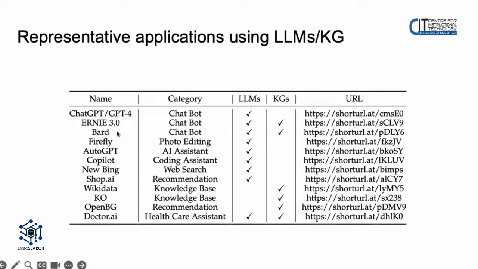And Google Bard is said to actually incorporate Google's knowledge graph. Google has built a large knowledge graph, as we know, used in Google search. So if you search something in Google, you get not just the information about the entity, it will tell you the different connections. That's achieved by the Google Knowledge Graph.